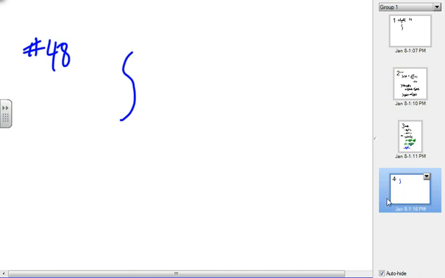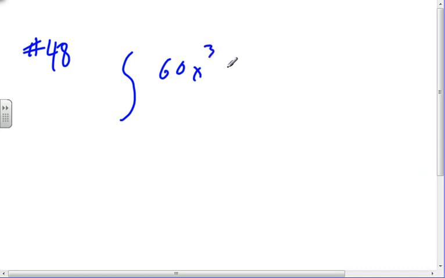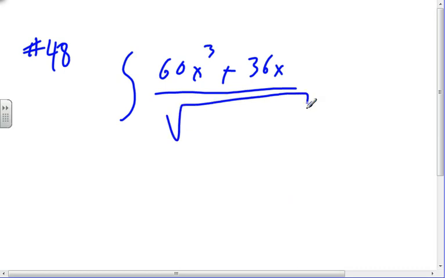All right, so number 48: 60 x cubed plus 36x, divided by the fourth root of, who made up this problem anyway?